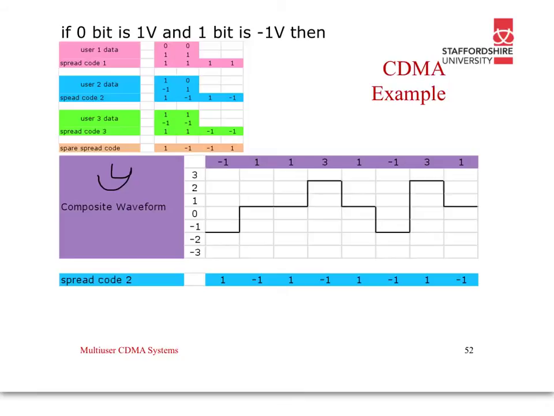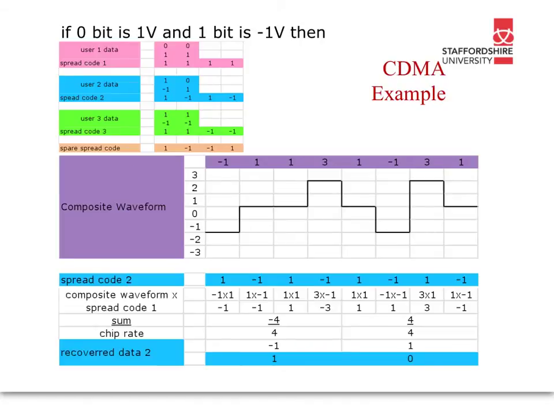So 1 times -1 is -1. Minus 1 times 1 is minus 1. 1 times 1 is 1. Minus 1 times 3 is minus 3. 1 times 1 is 1. Minus 1 times minus 1 is plus 1. 1 times 3 is 3. And minus 1 times 1 is minus 1.